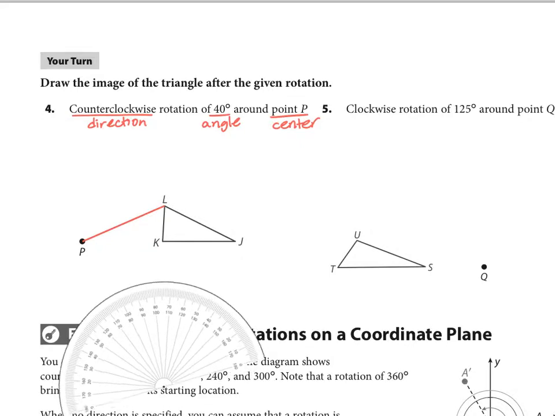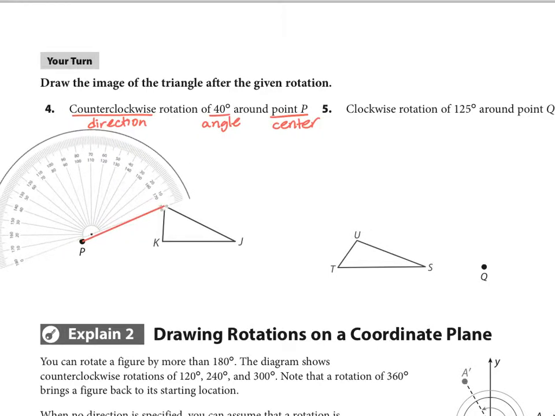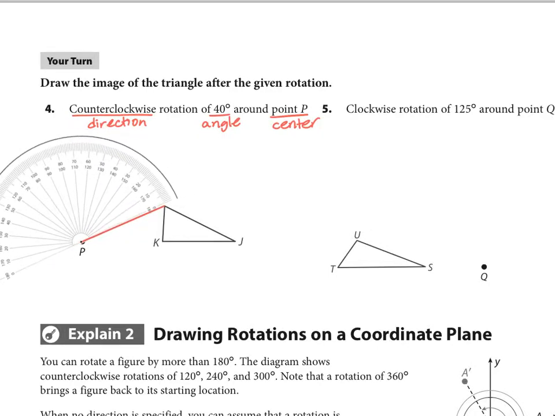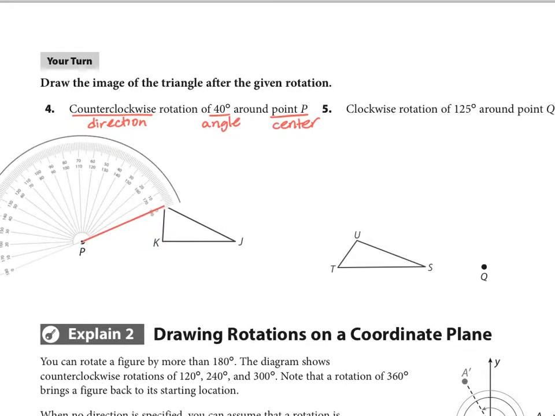So I'm going to take my protractor here, and this isn't going to be perfect just because it's a little harder to do this digitally, but I'm going to set this protractor here, and I want to do a 40-degree angle. So based on this, it looks like my 40 degrees is about here.